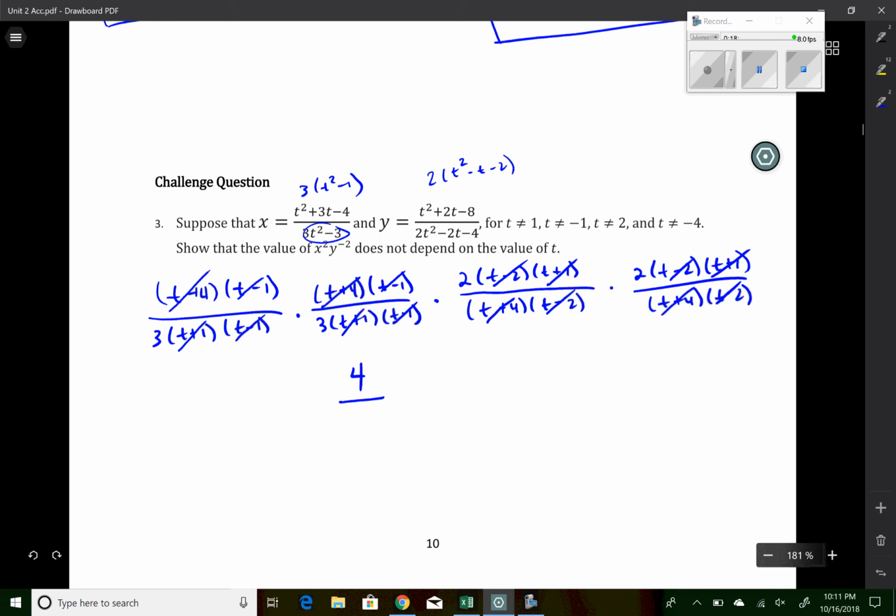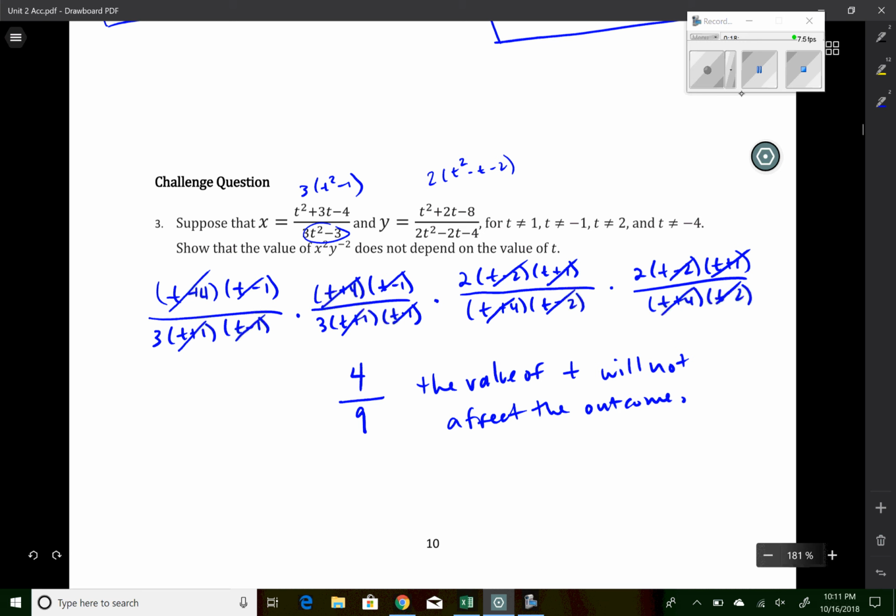Nothing is left in the denominator except for 9. So what that means is the value of t will not affect the outcome.